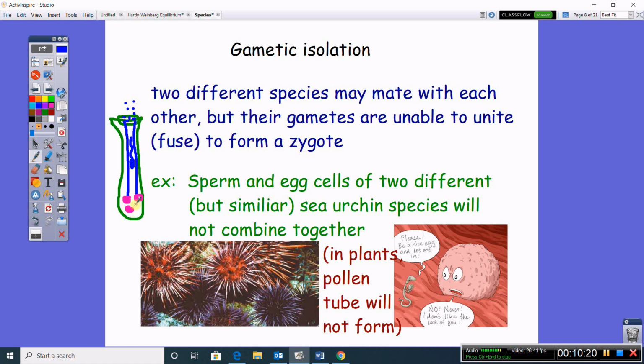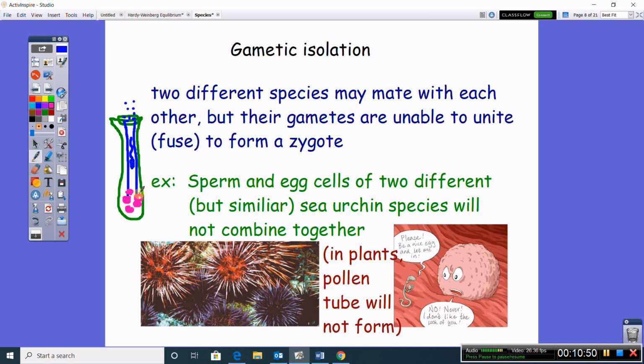So let's say that this is an ovary and it contains all different sorts of ovules there. Again, to repeat that, these would be pollen grains. They land on the stigma. If the two organisms are the same species, then that will cause a pollen tube to form, and then sperm cells will be generated, and they can go down the pollen tube, which is going down the style, and they can fertilize the ovules that are down here in the ovary.